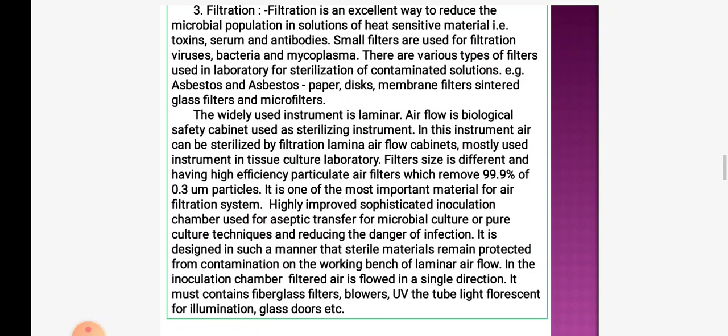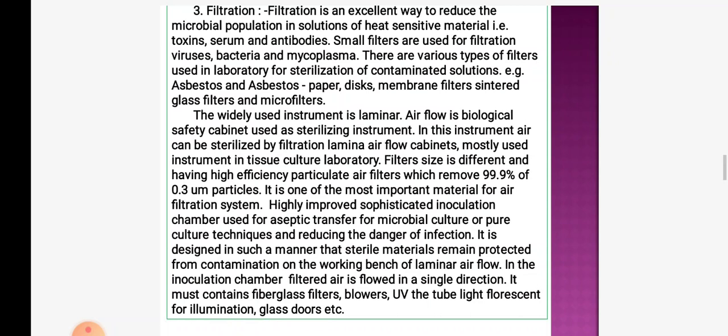There are various types of filters used for the sterilization of solutions: asbestos, asbestos paper disc, membrane filter, sintered glass filters, microfilters. The widely used instrument is the laminar airflow biological safety cabinet, used in different experiments as a sterilizing instrument.